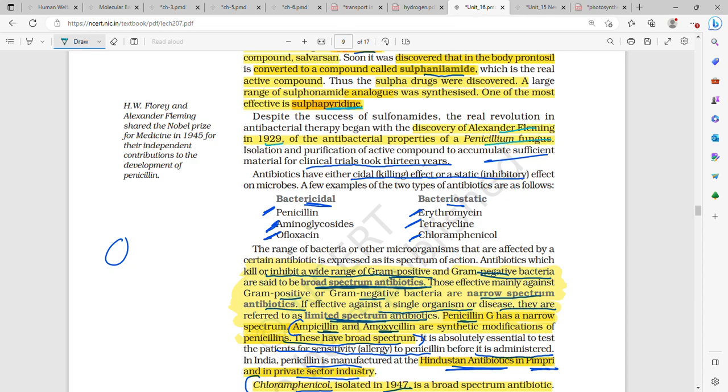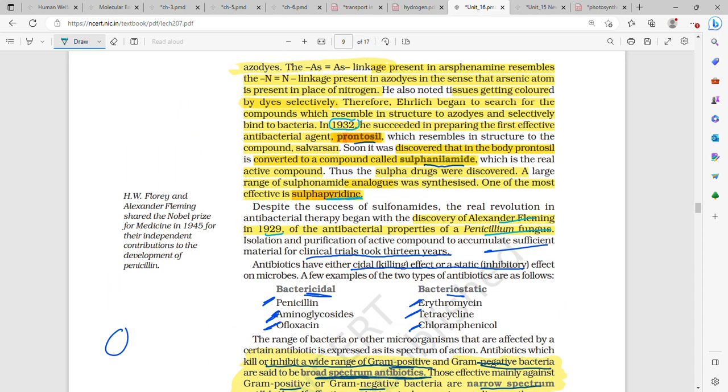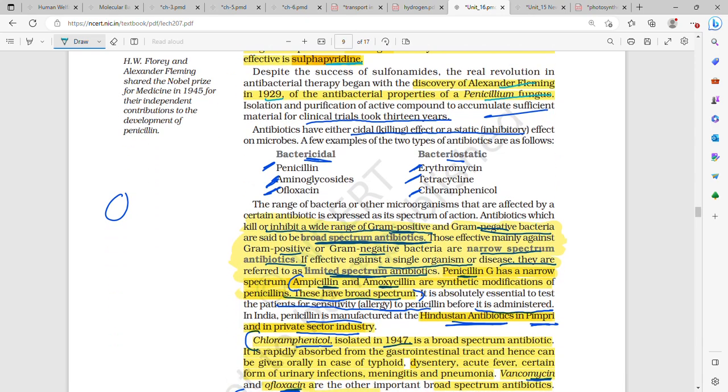Isolation and purification of the active compound to accumulate sufficient material for clinical trials took 13 years. So in 1929, penicillin was discovered by Alexander Fleming, and then it took 13 years for clinical trials and everything.